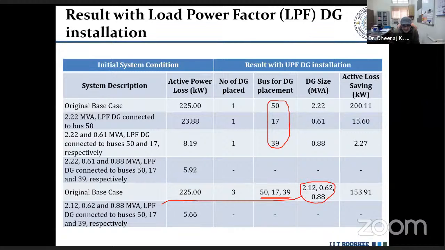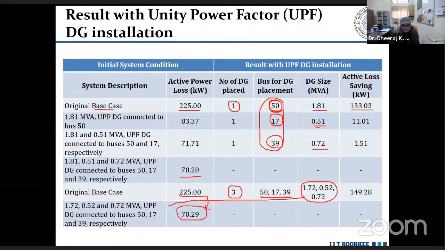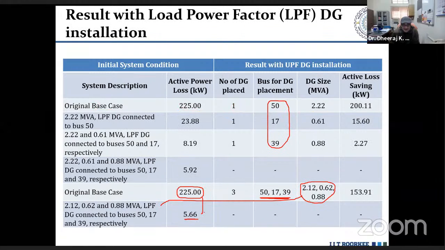We connected DG at these buses with this size in the system, and we got losses as 5.66. In base case it was 2 to 5, but after DG placement it reduced to 5.66. In the previous case also we connected 3 DGs, but losses were actually 70.29. But when DG is operated at load power factor, we can achieve more power loss saving.